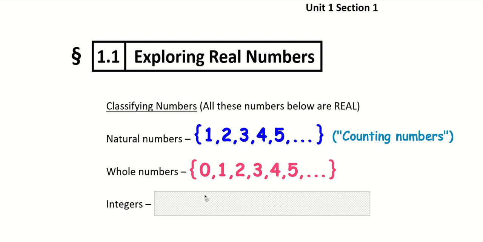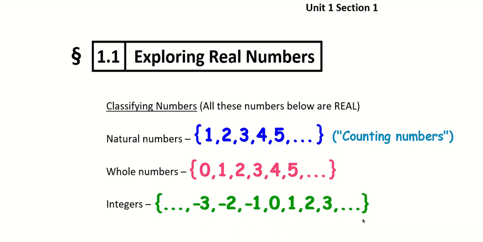Next is the integers. So what are the integers? What's the set of numbers that we call integers? Well, one way to write it down here in your notes is just like this, where we go in the positive direction with 0, 1, 2, well, actually 0 is not positive, but anyway, 1, 2, 3, dot, dot, dot, but also -1, -2, -3, and so on and so forth in the negative direction.